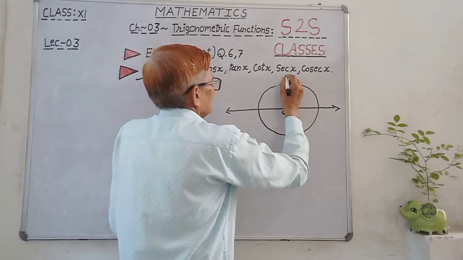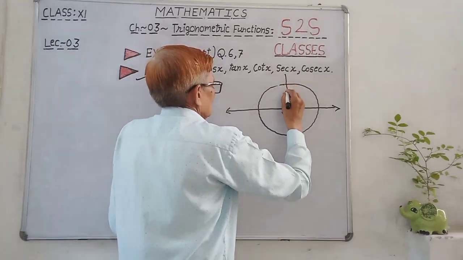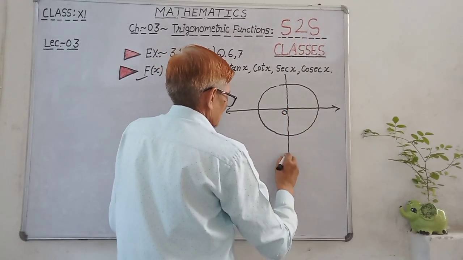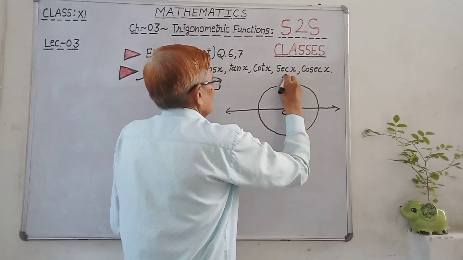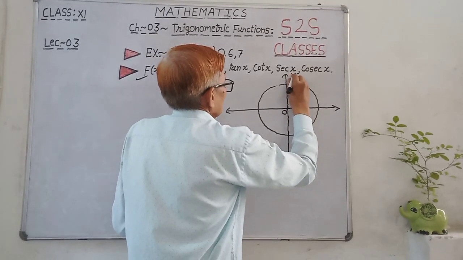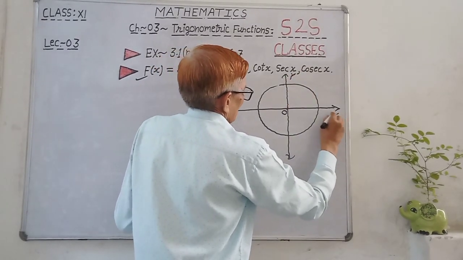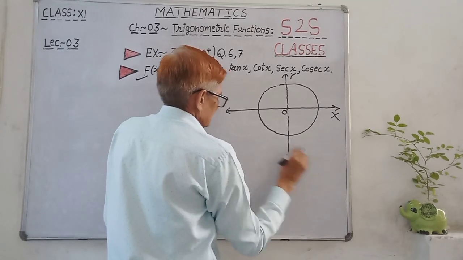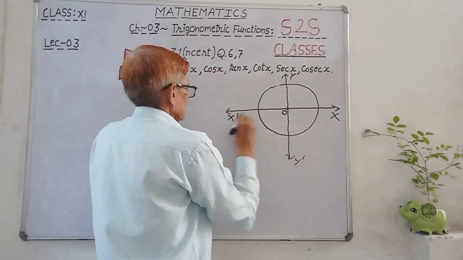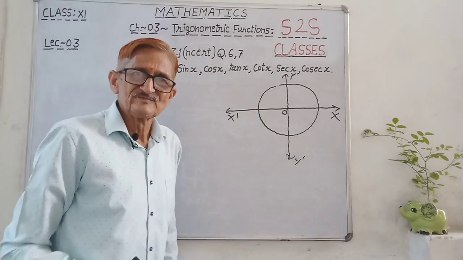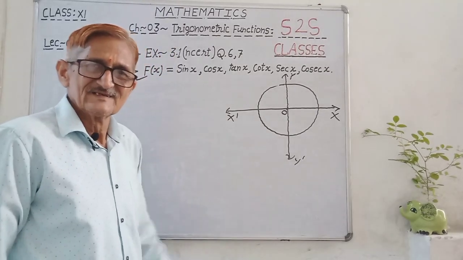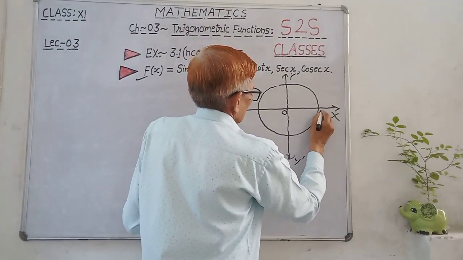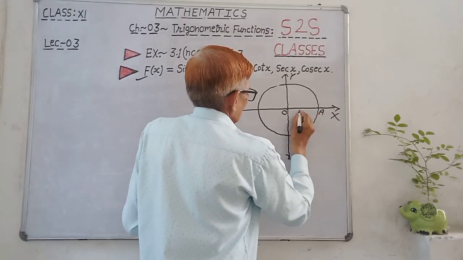Now after that, the y-axis is perpendicular to it. This is the y-axis, this is the x-axis, this is y dash, x dash. Now understand, the radius OA is 1 unit.